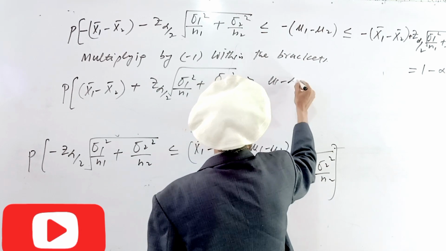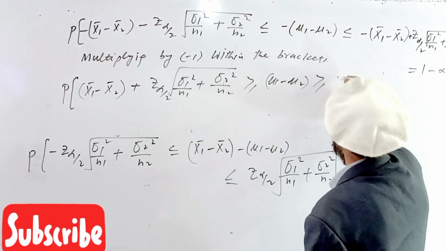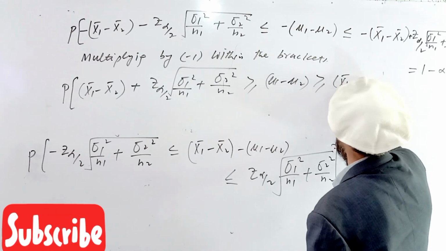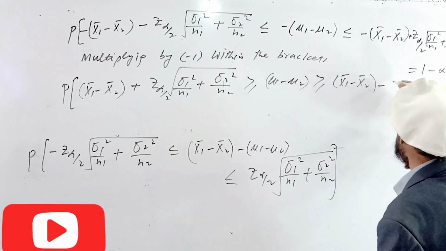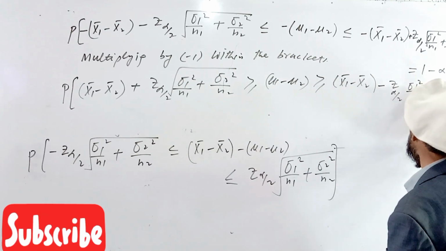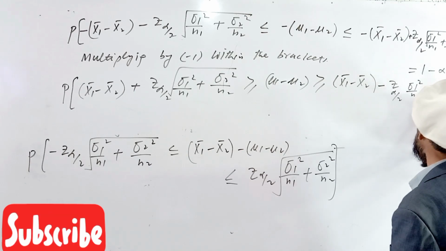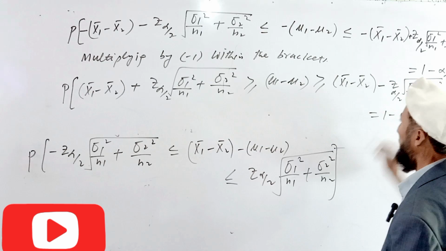So mu1 minus mu2 is greater than or equal to x1 bar minus x2 bar, where minus is changed into positive, and here the plus is changed by multiplying by minus 1, so it is also changed: z alpha by 2 times the square root of sigma 1 square divided by n1 plus sigma 2 square divided by n2, is equal to 1 minus alpha.